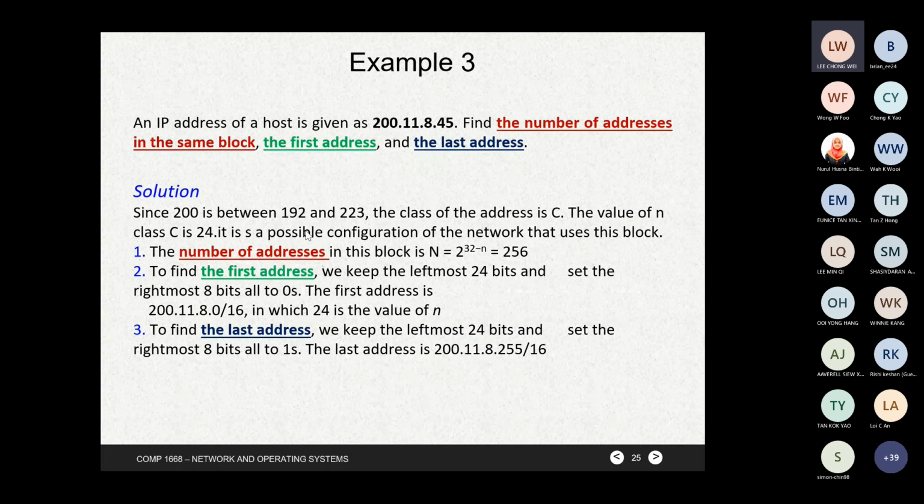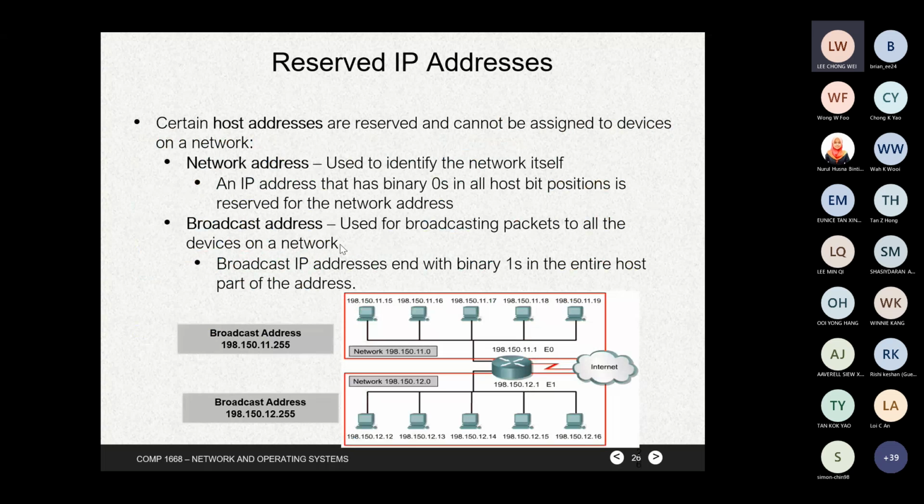So you know 223. Yeah, 223. So you know this is class C. 24 bits of network and 8 bits of host.